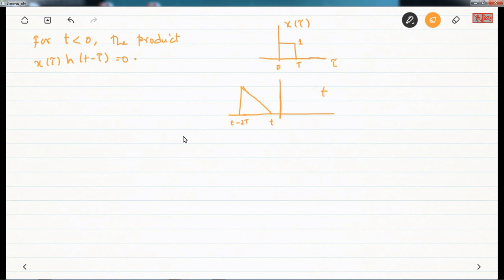This is for t less than 0. This is h of t minus tau. So if it is on the left-hand side, the product of these two signals is 0. That's what I'm saying. For any t less than 0, the product of these two becomes 0.